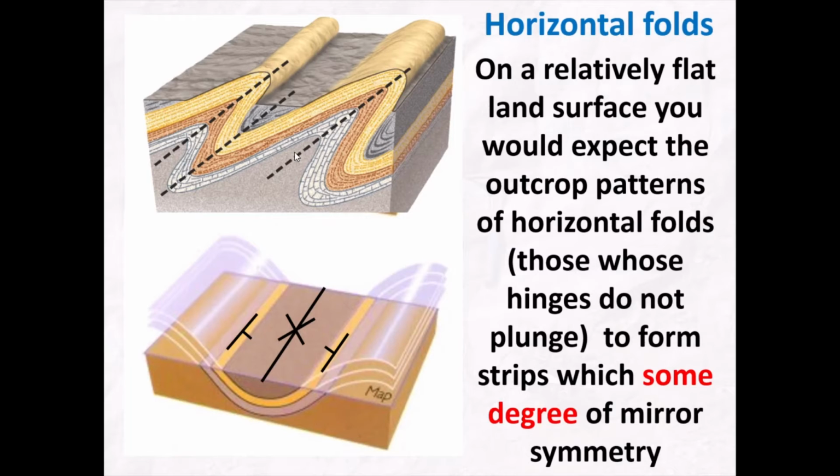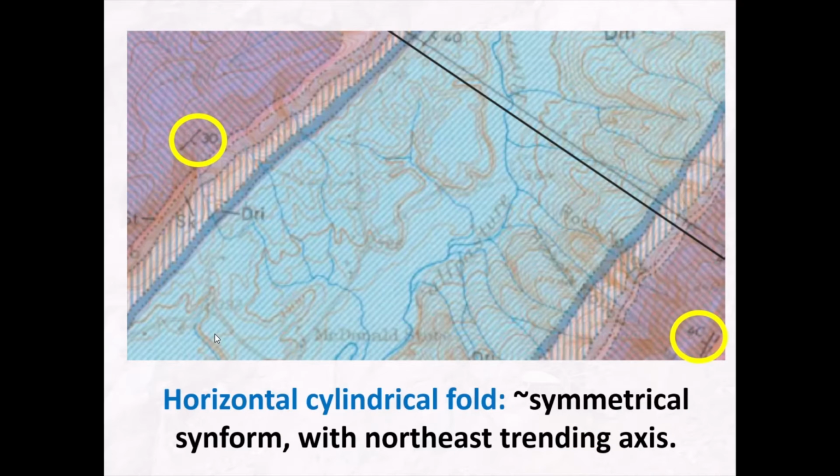So on a relatively flat land surface, you would expect the outcrop patterns of these horizontal folds, or those which don't plunge, to have some degree of mirror symmetry on it. So for example, this is a real USGS map with a horizontal cylindrical fold. So it's a symmetrical synform. You can see the dips on either side of that mirror plane.